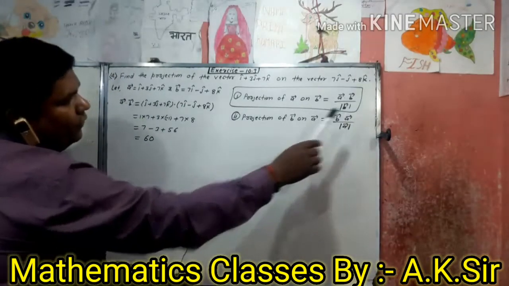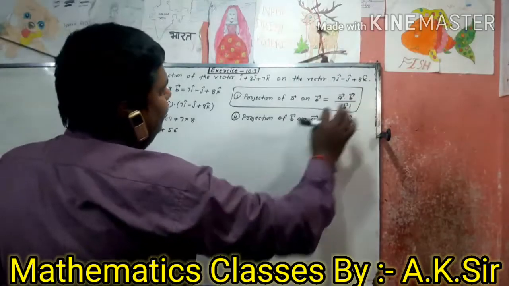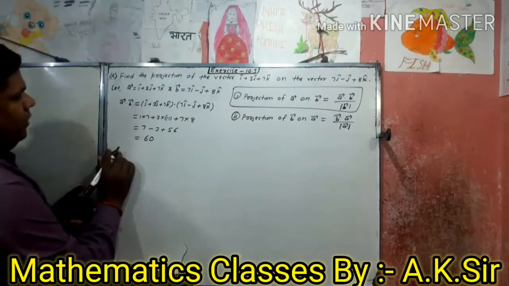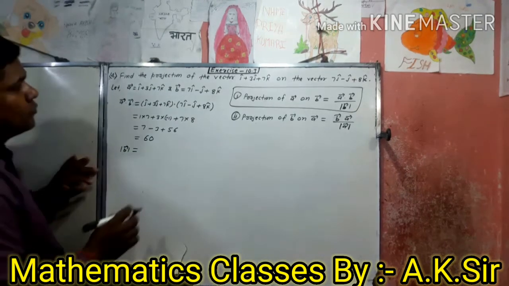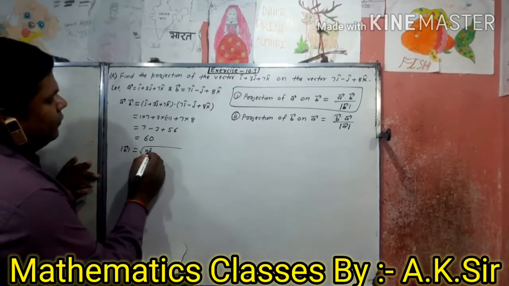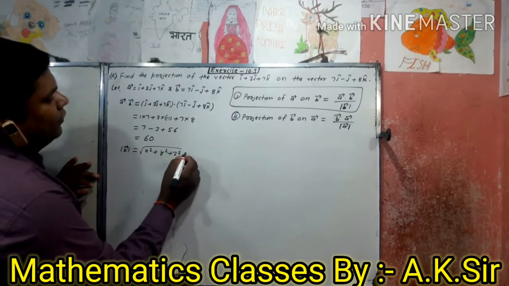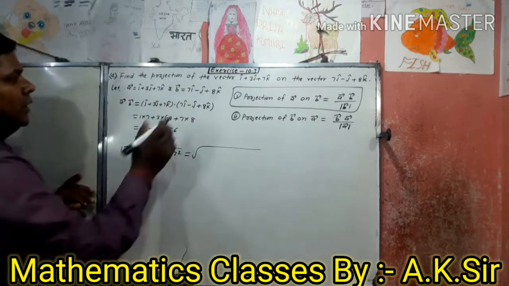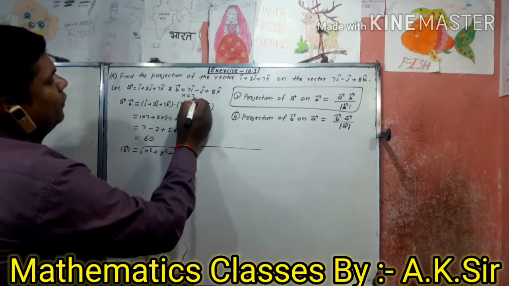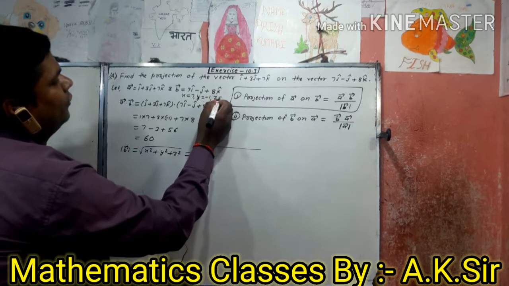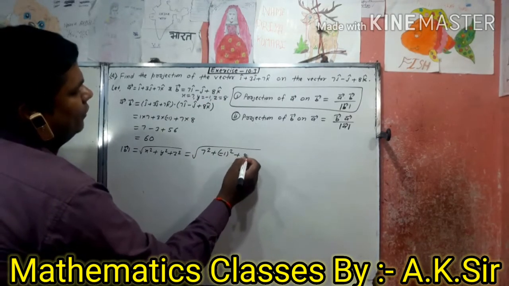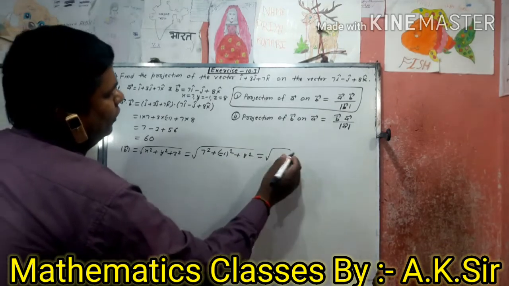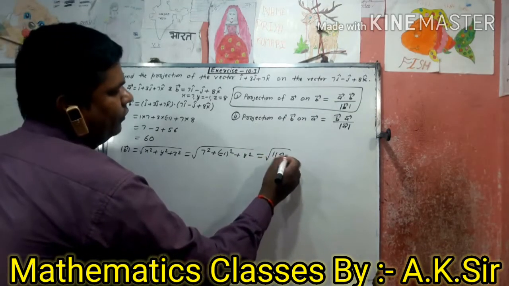So we need the magnitude of B. We find magnitude of B vector is equal to under root x square plus y square plus z square, where x is equal to 7, y is equal to minus 1, z is equal to 8. 7 square plus minus 1 square plus 8 square is equal to under root 114.